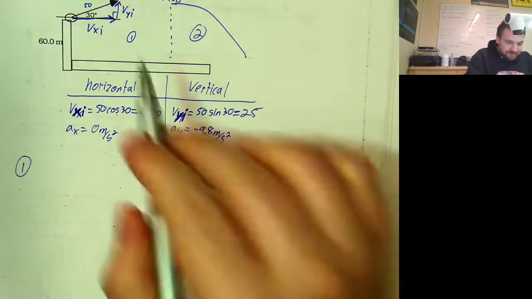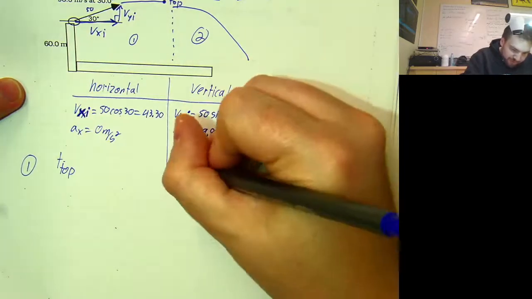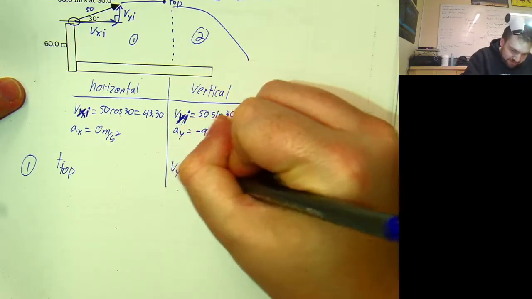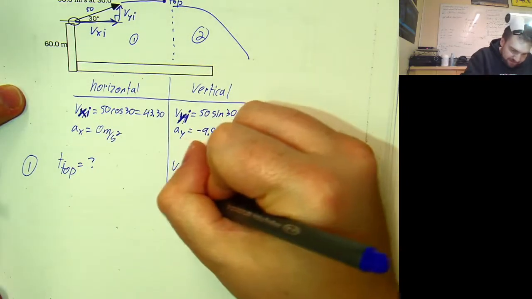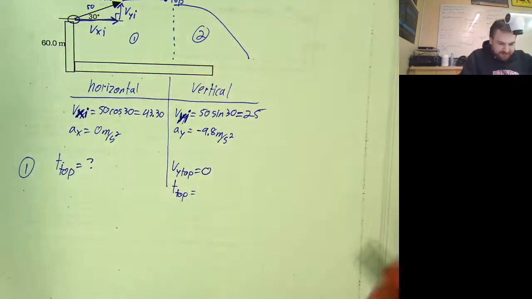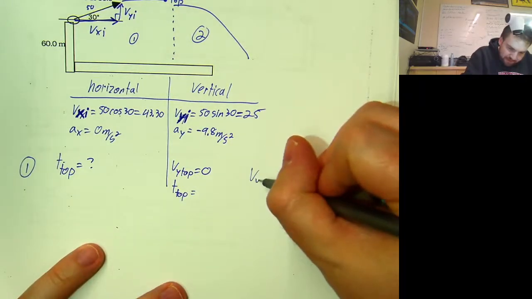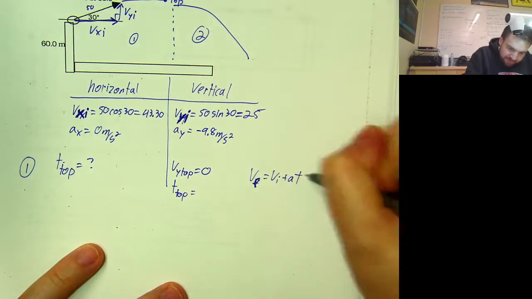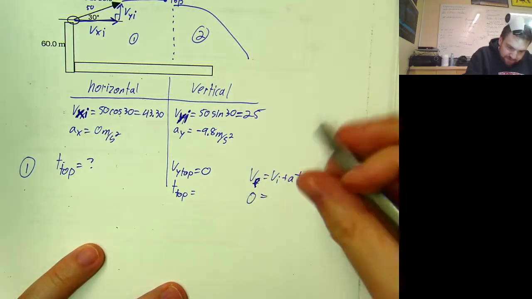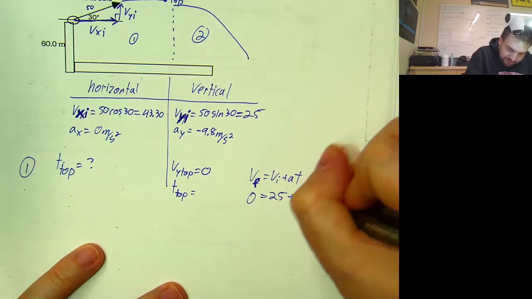So, number 1, here we go. We're going to find the time to the top. We want T top. So we know that VY top is equal to 0. So T top is going to equal what? V final equals V initial plus AT. V final equals 0. V initial is 25 plus negative 9.8 times time.